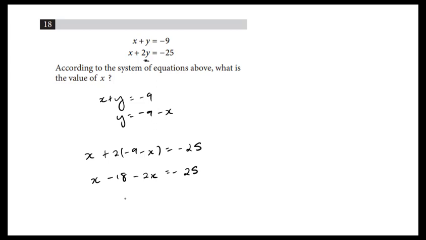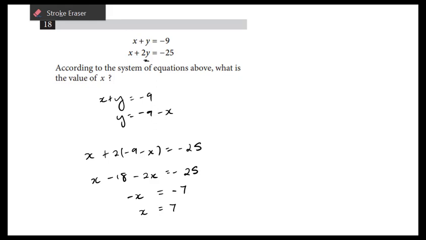Okay, so you get a minus x there for x minus 2x. And to get rid of this minus 18, we plus 18 to both sides. So if I plus 18 to that, I'm going to get minus 7. And if I divide by minus 1, I get the answer is 7.